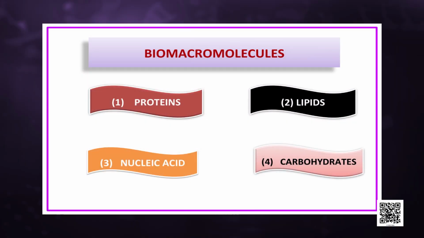Biomacromolecules such as proteins, lipids, nucleic acid and carbohydrates are formed by the polymerization of monomers, which are the simplest units. As they are formed from monomers by polymerization, they are called polymers.